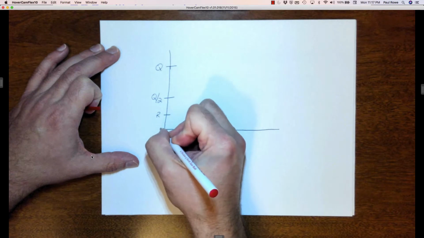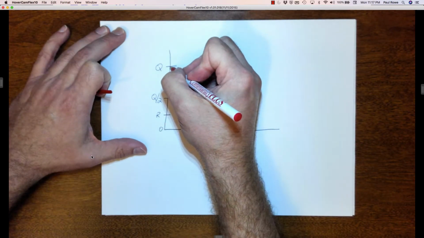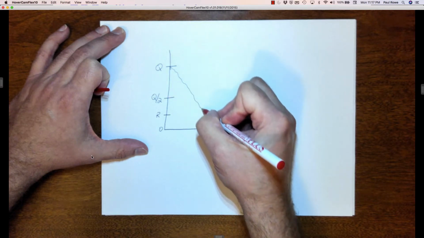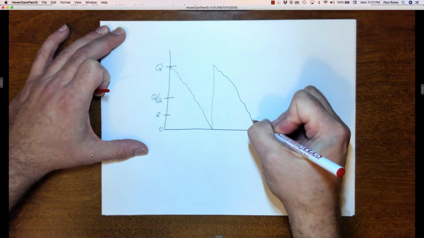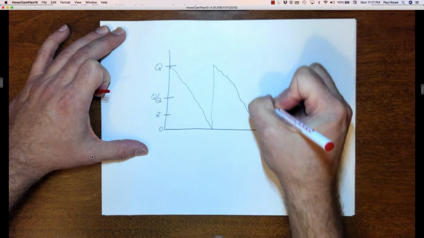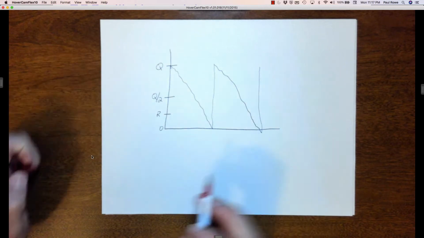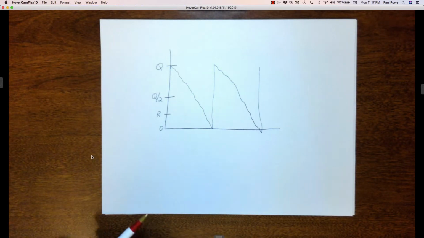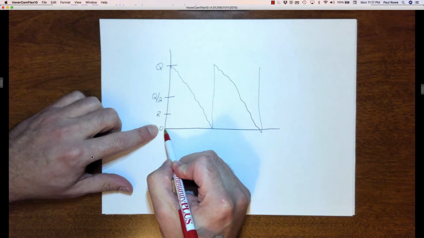We have our reorder point, and we have our 0 line. And we have our demands, etc. Okay? So now we want to introduce safety stock into this. So here's our current 0 line.